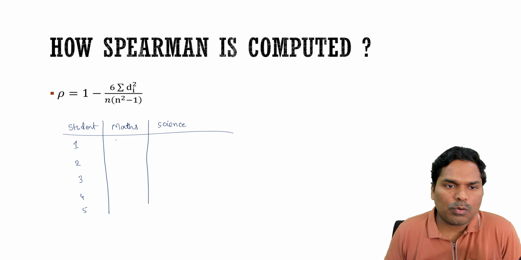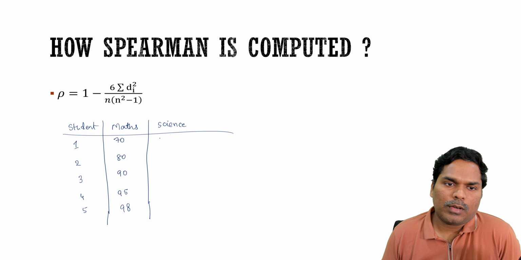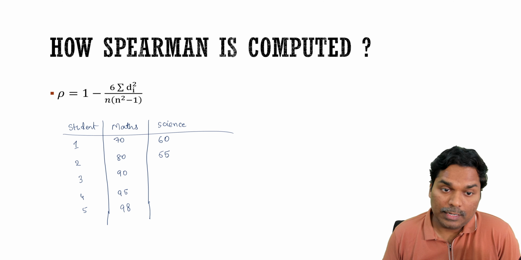Imagine math scores, for the sake of ease, as 70, 80, 90, 95 and 98. Increasing order, I took it for the sake of ease. Here I'll take science as 60, then let me decrease it to 55, then again 70, 75, then let's say 80.